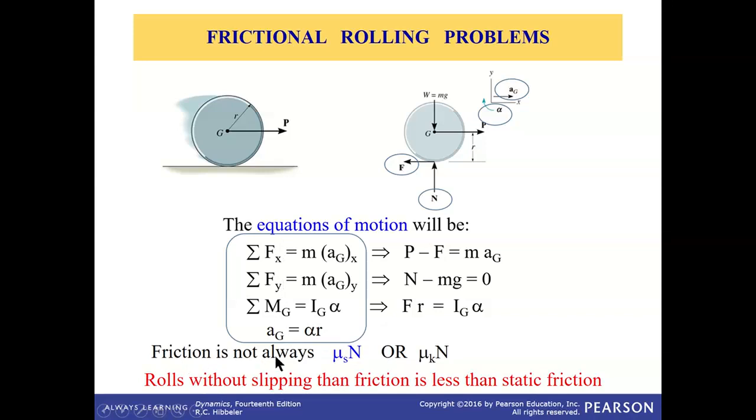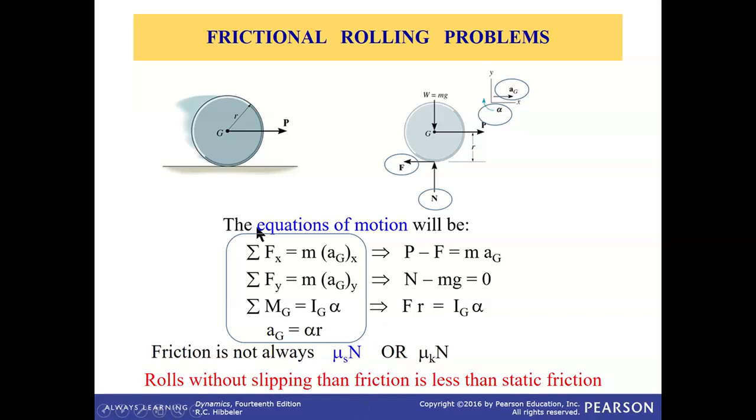So in this situation, when wheel rolls without slipping, friction is less than static friction. So this value of F, if you calculate from this equation and compare that value with the normal force multiplied by the static friction coefficient, then F should be less than this number. Then you can say with confidence that yes, wheel rolls without slipping.